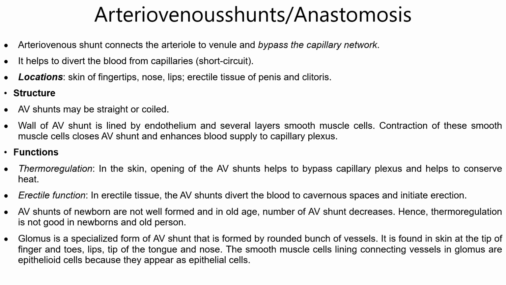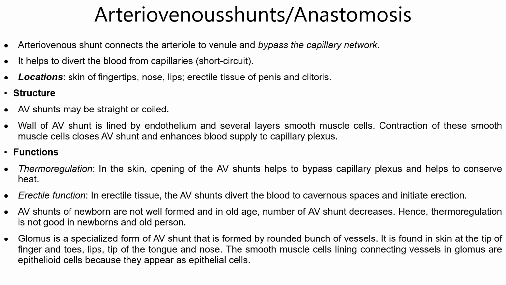Means when the shunt is closed, the blood will flow through capillary plexus, and when the shunt is open, the blood will bypass the capillary plexus. And its function is thermoregulation, then erectile function. And AV shunts are poorly developed in newborns and old persons.